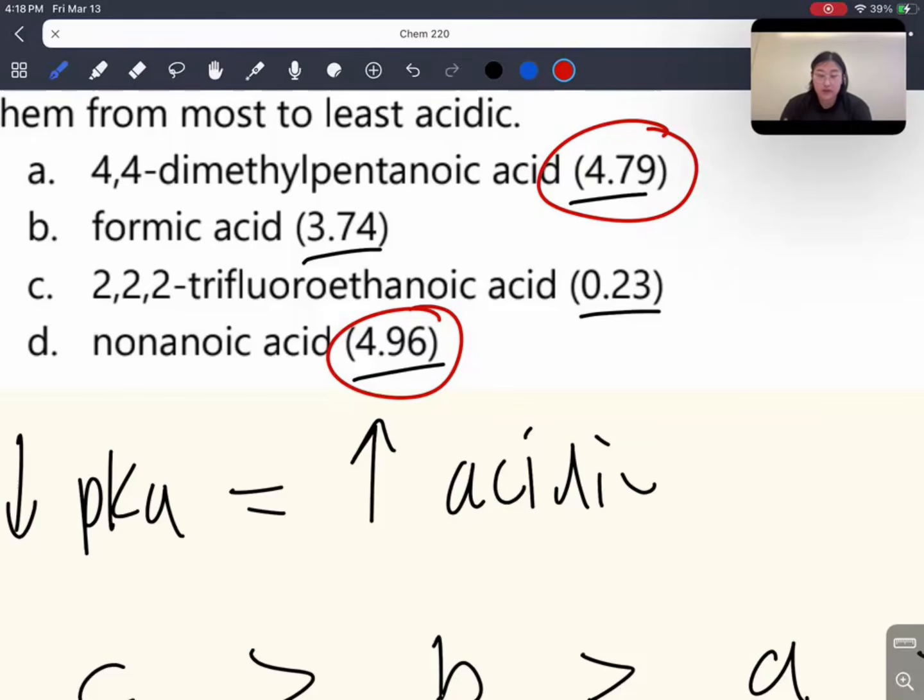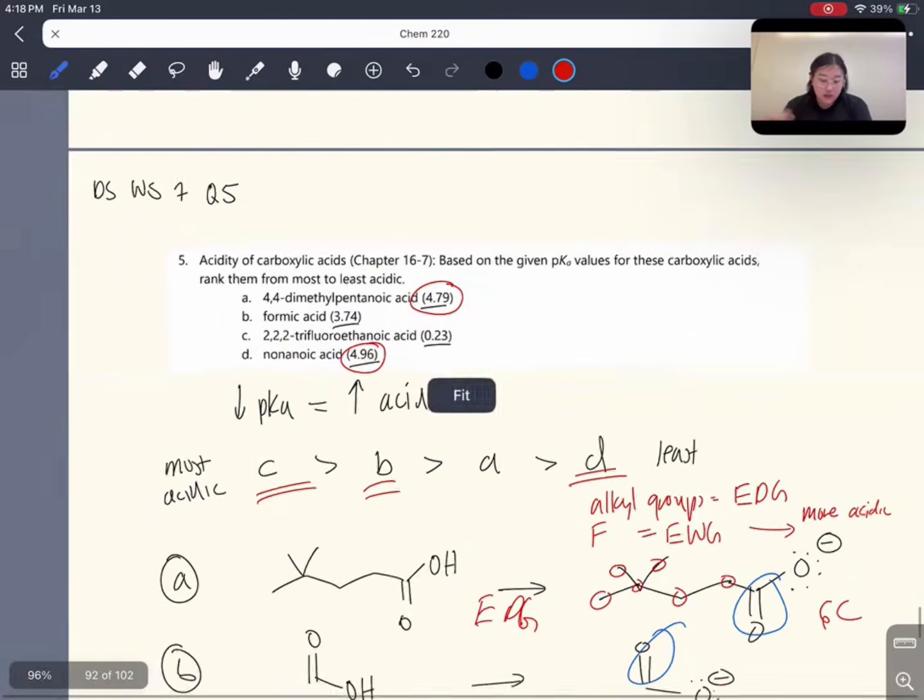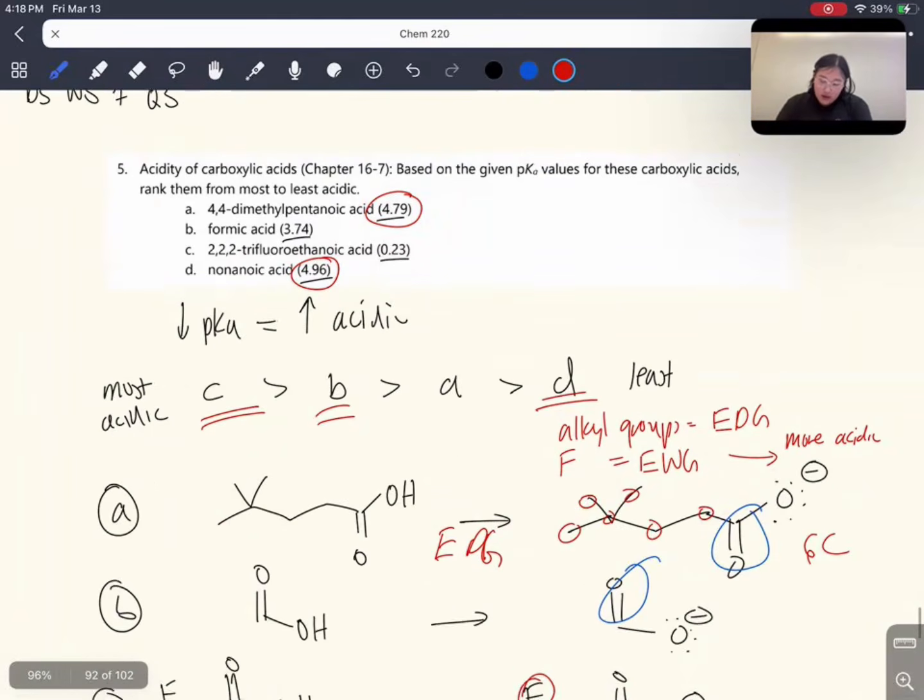But again, those pKa values are determined experimentally. So it's something you would have to figure out through an experiment to see what effect has a bigger prominence in determining acidity and stability of the conjugate base and things like that. But that is how you do this question.